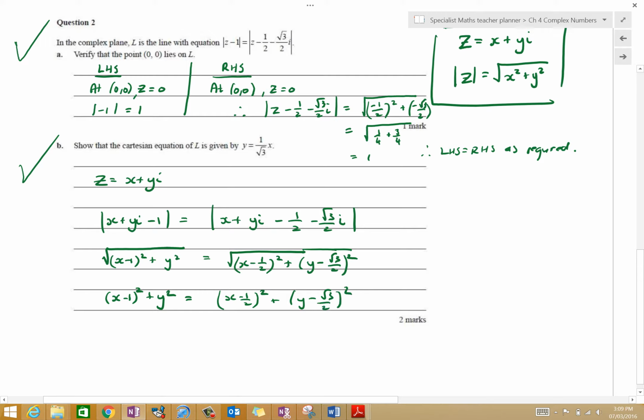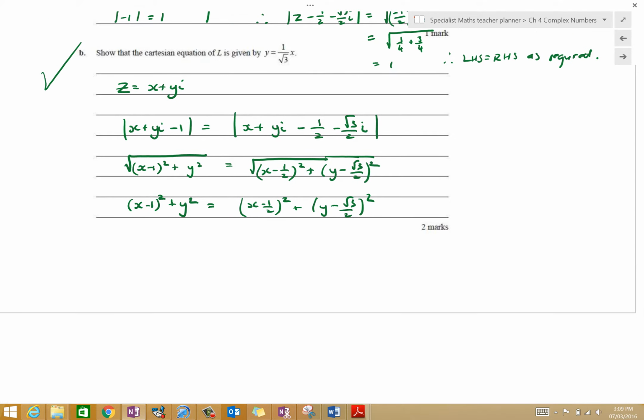Now we have to show, so we can't just go ahead and solve and use our calculator. It's really important that you clearly show every step. Unfortunately, as much as we could easily do that on a calculator, we're not assessed on that. So we now need to expand out.